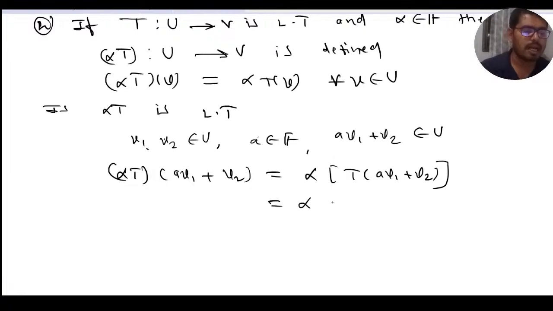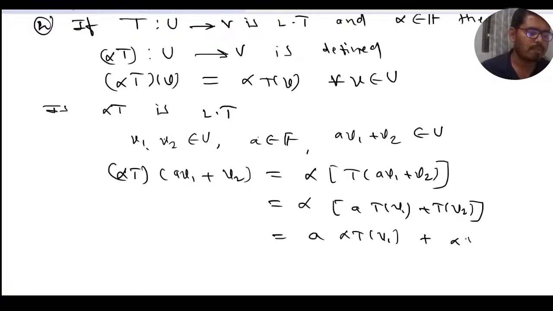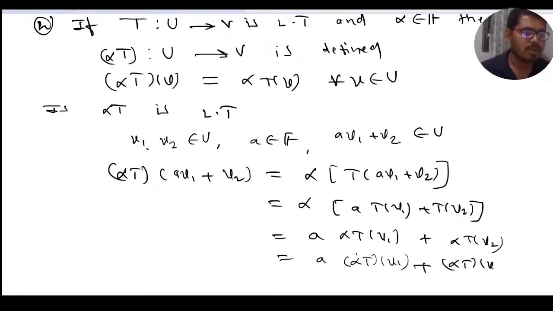Since T is linear, it can be written as a times T of v1 plus T of v2, that is equal to a times alpha T of v1 plus alpha T of v2.